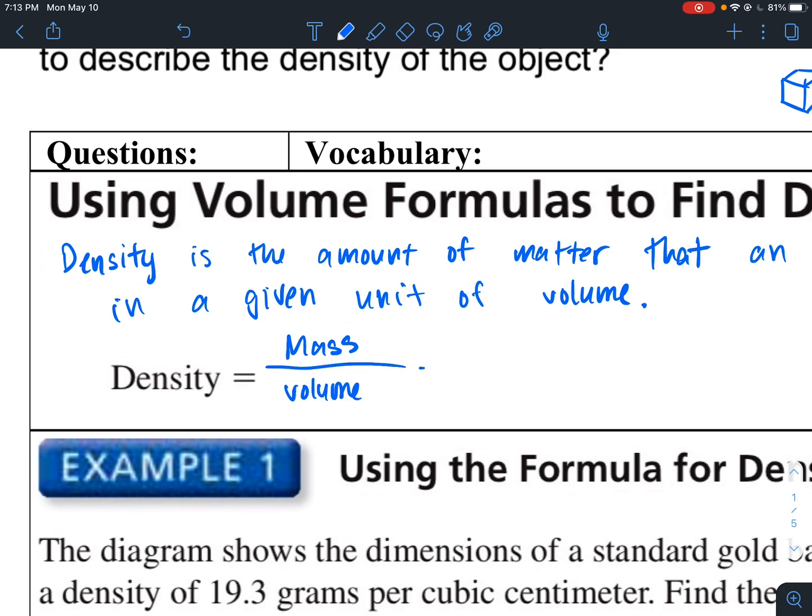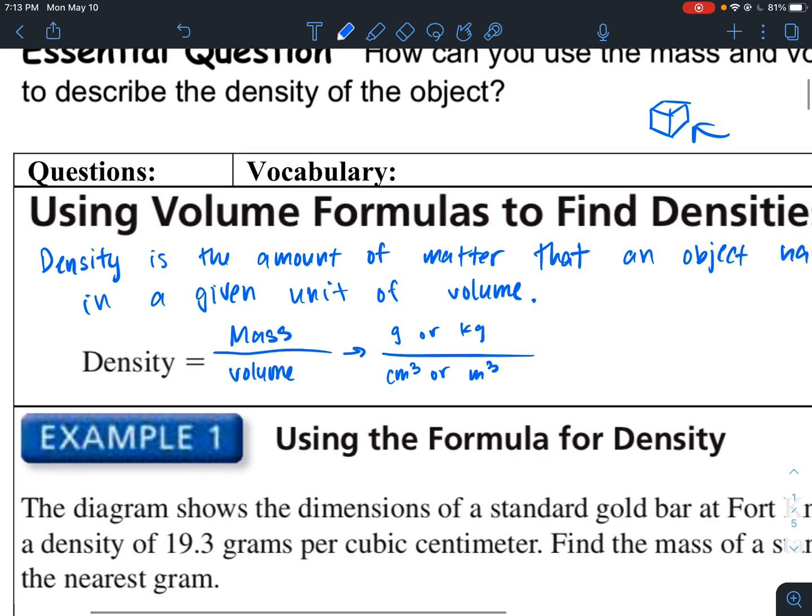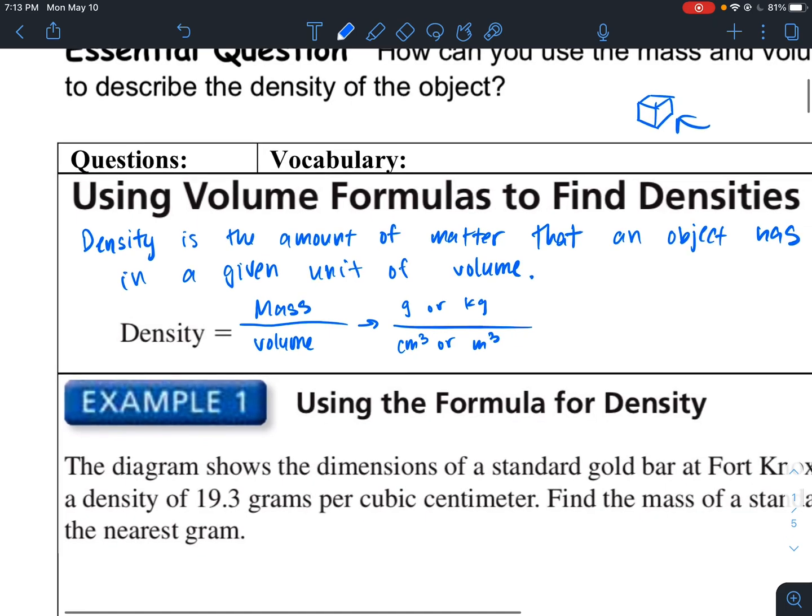Whenever we're talking about density, mass is usually measured in grams or kilograms, and volume is measured in centimeters cubed or meters cubed. So we're saying in a given cubic unit, how much matter is inside that cubic unit. That's what density tells us.